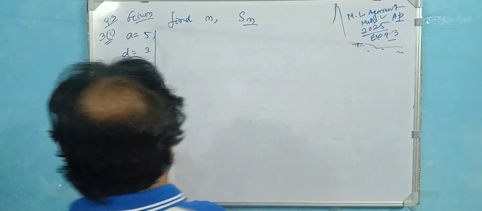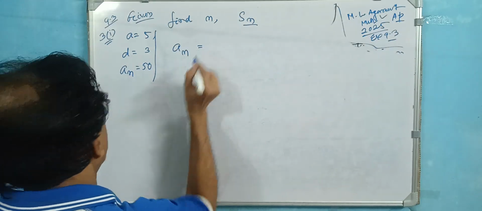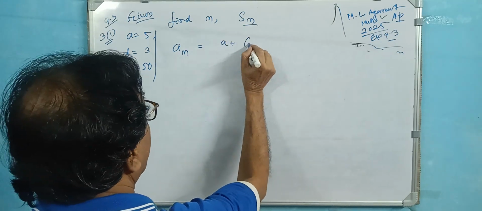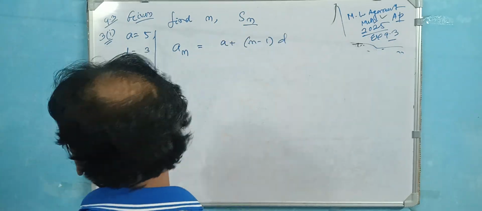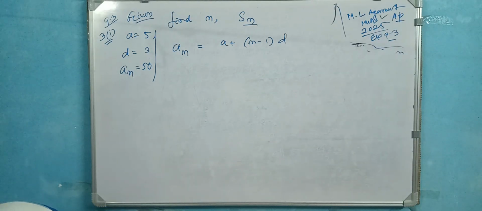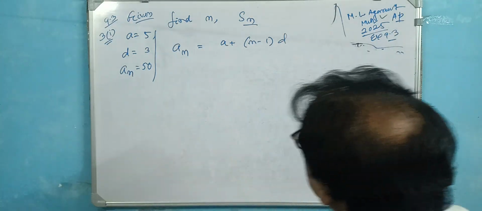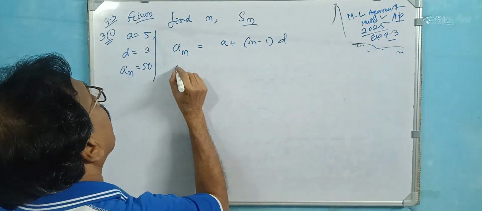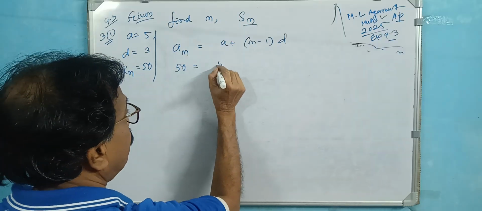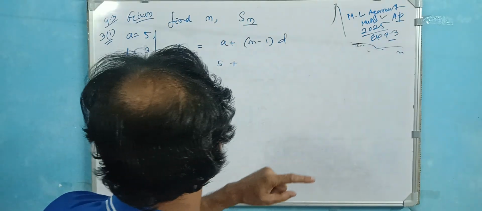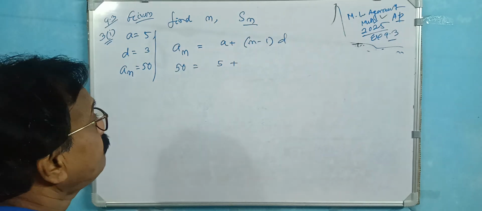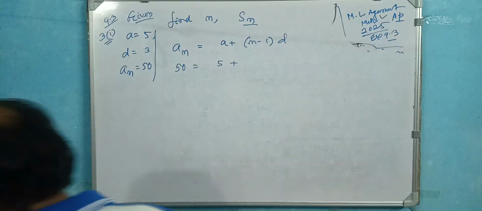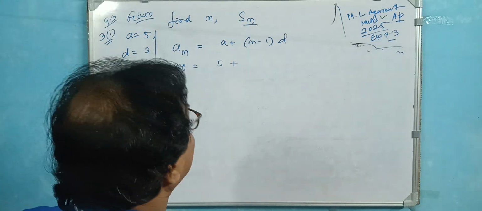So you know an is equal to a plus n minus 1 into d. Just put the value. an is 50, a is 5. First you find out n. d is 3.